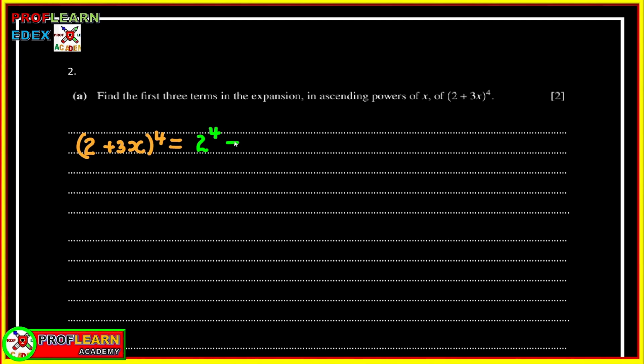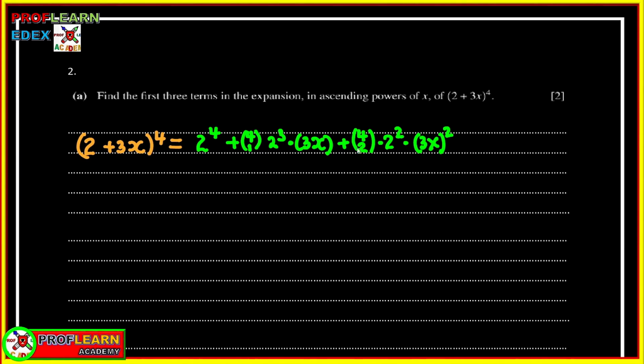The first term, 2, is raised to the power that is given, and then the powers of 2 are going to decrease as the powers of 3x increase. So we have 4 combination 1, 2 raised to power 3, then 3 raised to power 1. Then plus 4 combination 2, 2 raised to power 2, and then we have 3x raised to power 2.